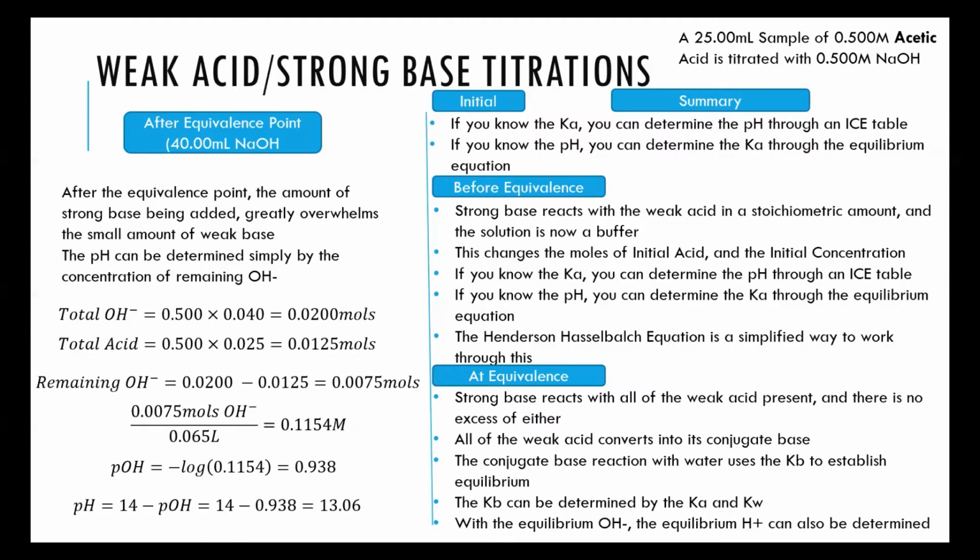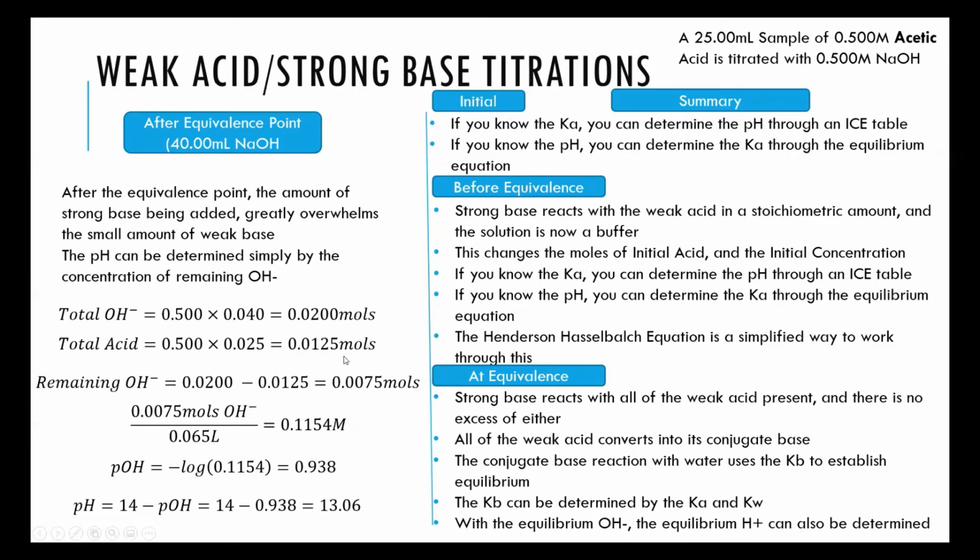The last step is looking at what the pH is after the equivalence point. And after the equivalence point in these weak acid strong base titrations, that strong base is very overpowering. It's overpowering anything associated with that weak acid. And it's much, much more straightforward.